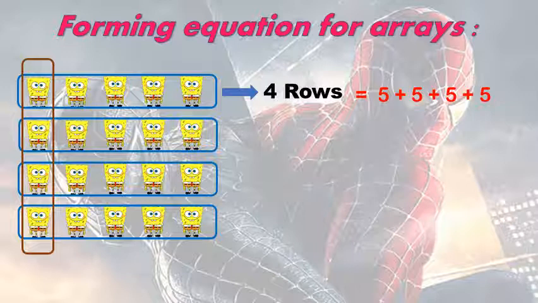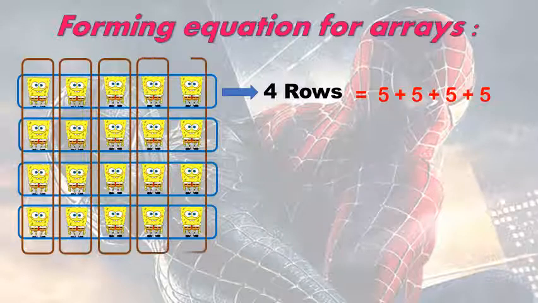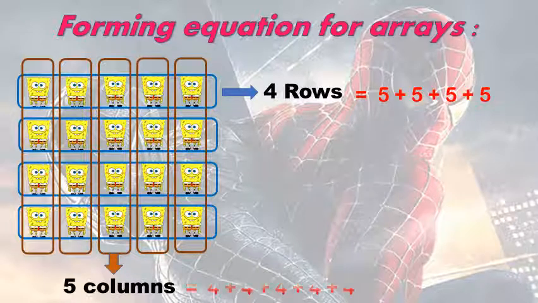Okay, let's see what about the columns here. How many columns? We have 1, 2, 3, 4, 5 in the horizontal way. We have 5 columns. And these 5 columns have how many SpongeBob inside them? It has 4 SpongeBob. So we are going to repeat the number 4 how many times?